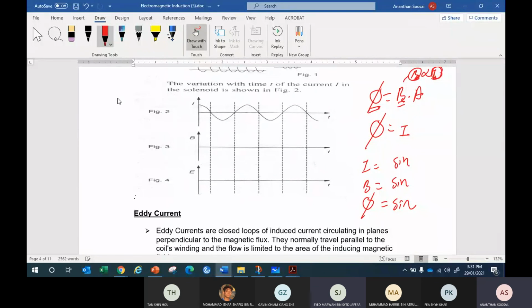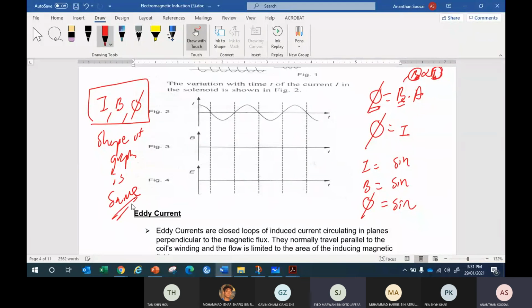So remember, the shape of the graph of current, magnetic field and flux is always the same because they are proportional. So think about the I graph, how I changes in the conductor and how the magnetic field changes, then draw the EMF.